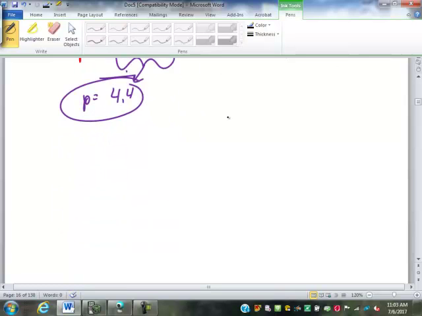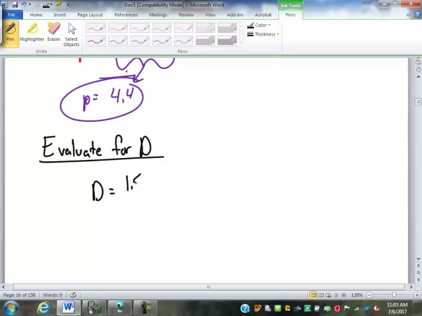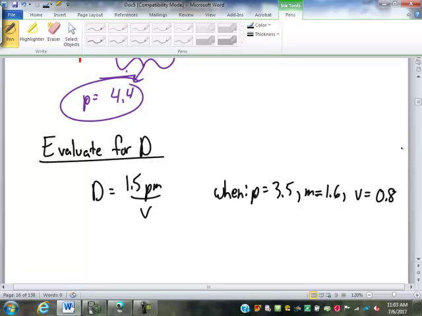Or I might ask you to evaluate for D, 1.5 PM over V, when P equals 3.5, M equals 1.6, and V equals 0.8.